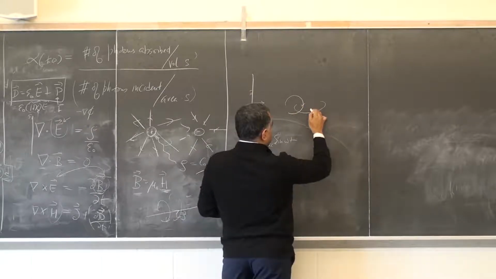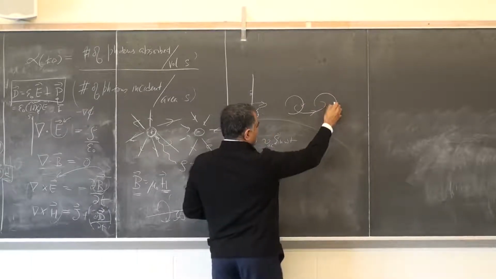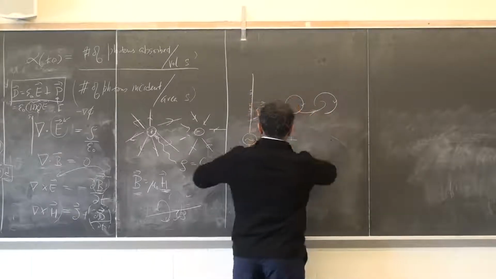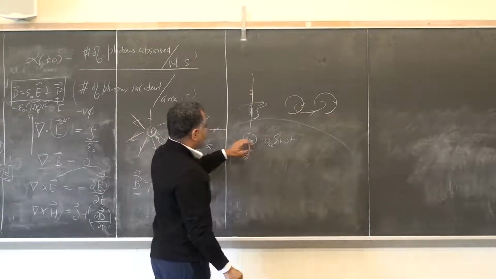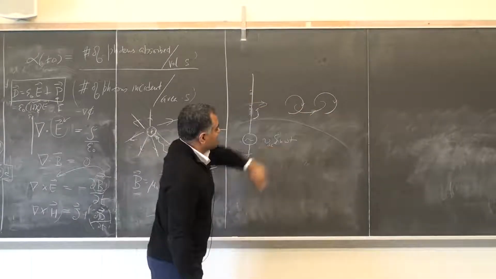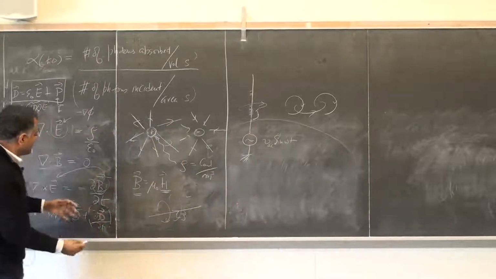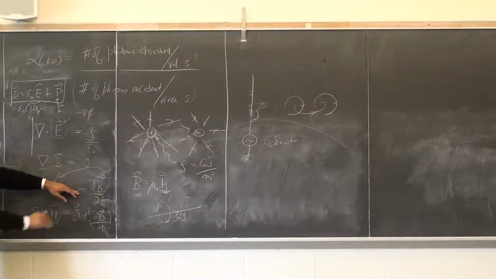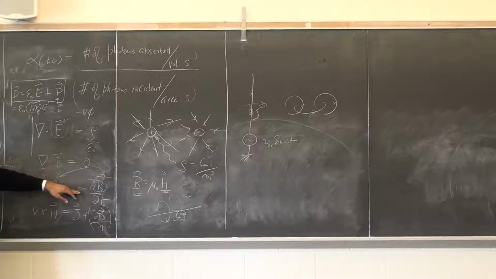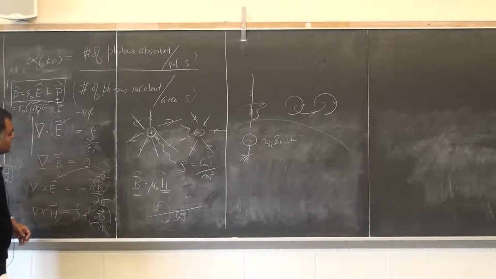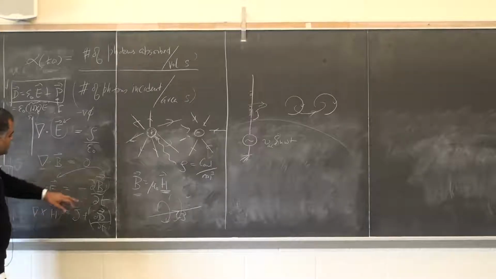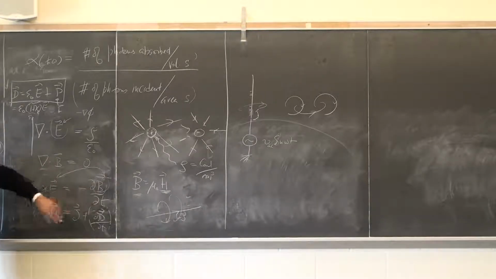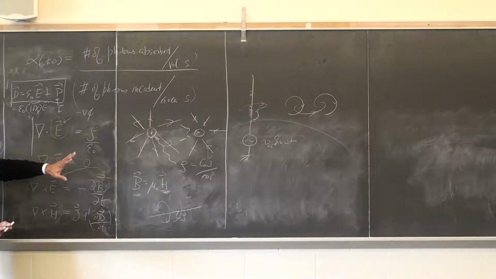That will create a time-varying electric field and a time-varying magnetic field. And what's amazing is that these time-varying oscillations can detach from the source, and they don't have to be connected to the source. They can detach, and then they can sustain each other forever. Basically, they don't need the source anymore, right?